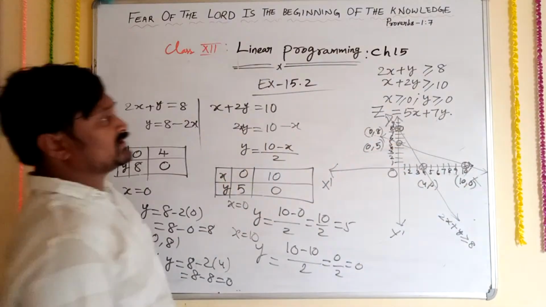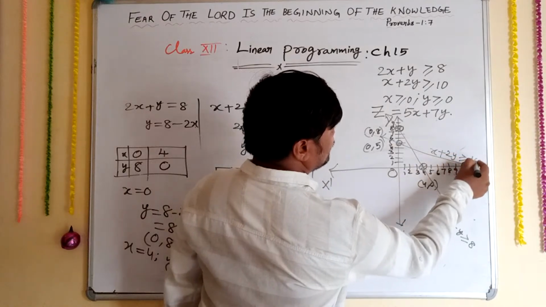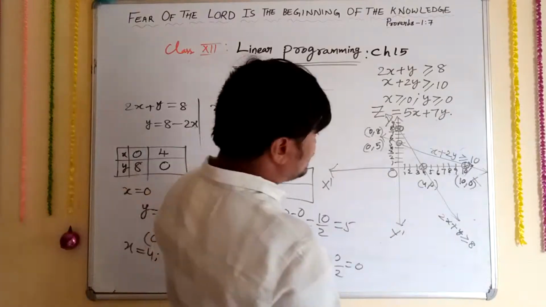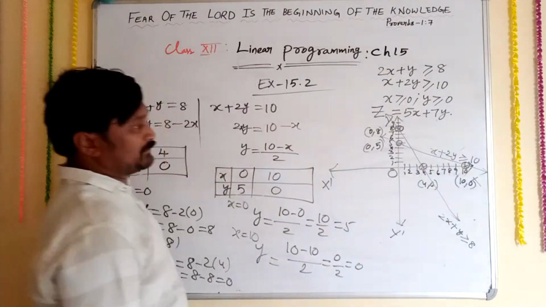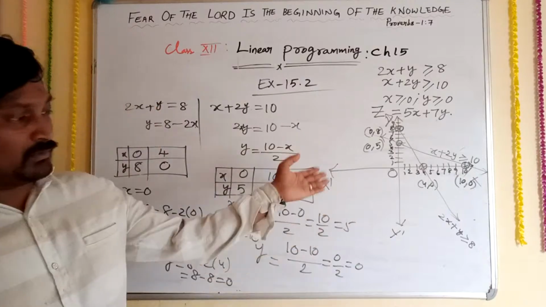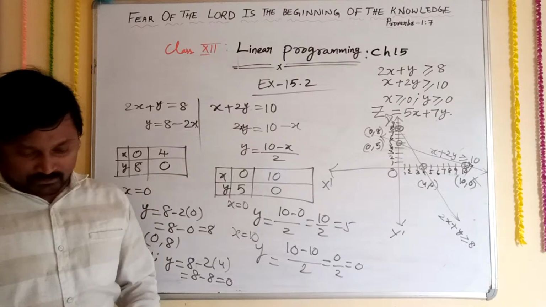So this equation is x plus 2y is greater than or equal to 10. So both are intersecting at one point. So we need to find out what is that point. And meanwhile, how to draw the lines, all of that we can get to know now.